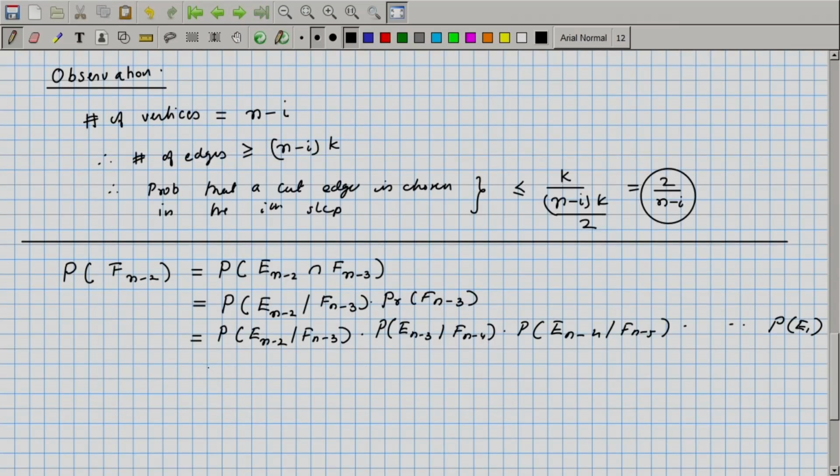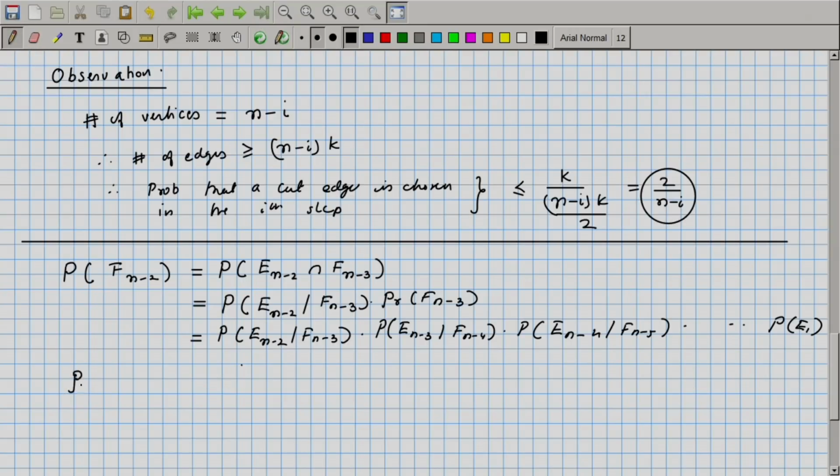Okay. So, we can write that this probability, which is the probability of success, is surely greater than 1 minus 2 by n. Okay. So, we can write it as n minus 2 by n into n minus.